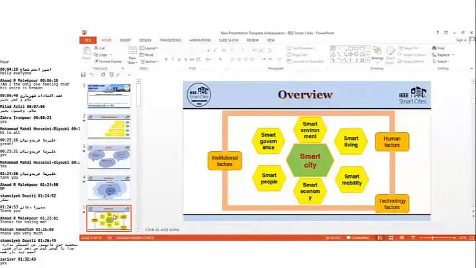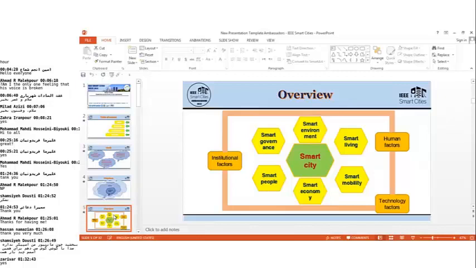Human factors are factors such as demographic points, human style of living, their behavior in energy consumption, and something like this. Technology factors are very important in realizing a smart city and a smart grid.